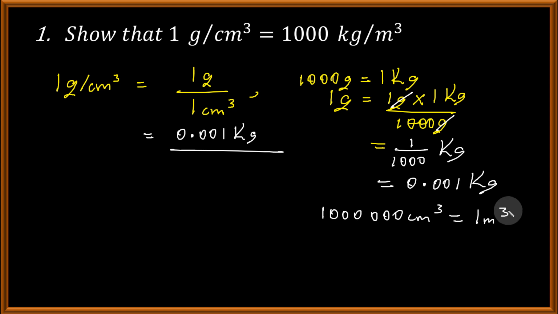And I need to recall this, so that I can say that 1 centimeters cubed, therefore, is equal to 1 centimeters cubed times 1 meter cubed divided by 1 million centimeters cubed.